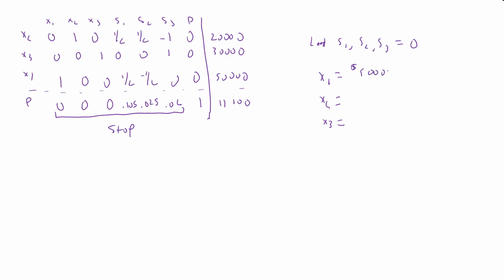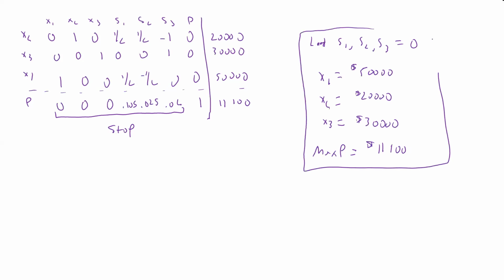So these are going to be $50,000. X2 is $20,000. X3 is $30,000. And our max P is going to be $11,100. Okay, so that is all of our information we get from our table.